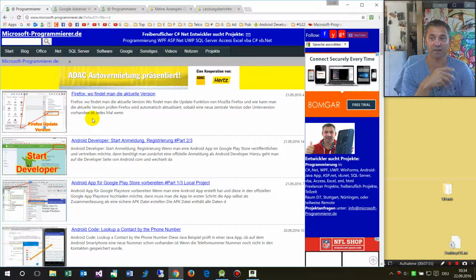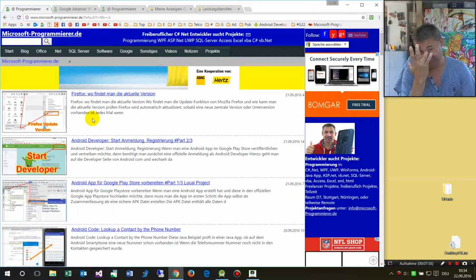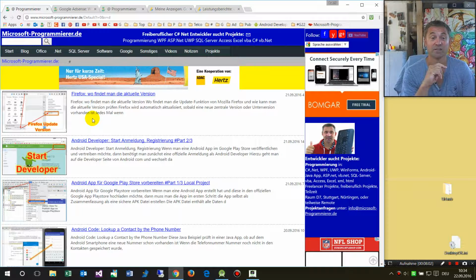So they do nothing else than a text advertising. But the text advertising doesn't get much money. So there's a big bulk of advertisings, and they have something like a brokerage, or they broker.